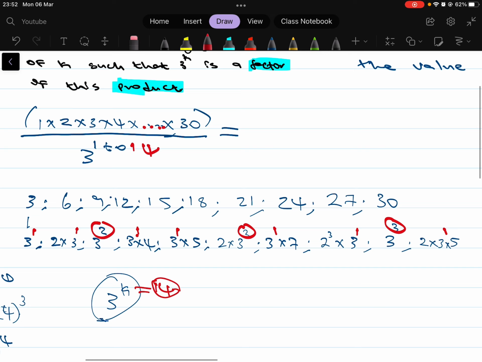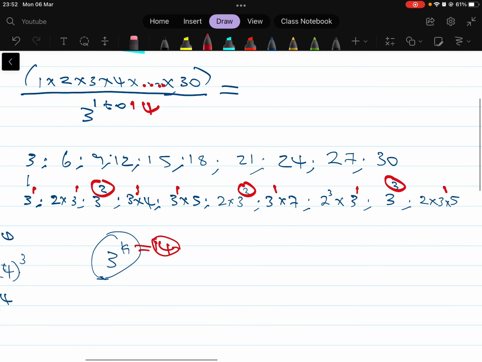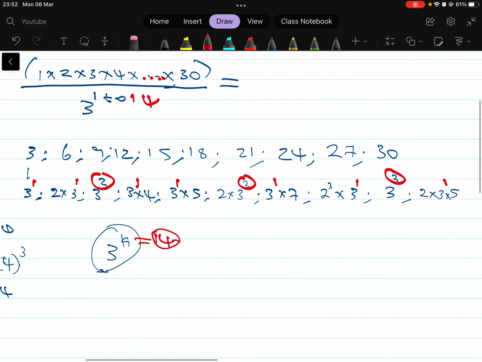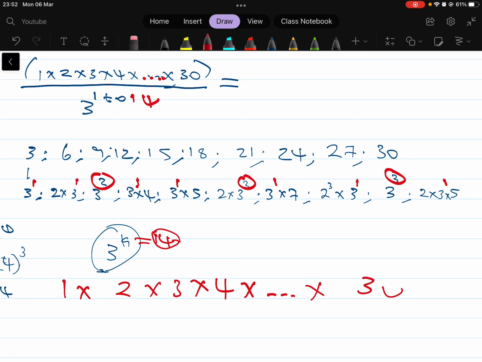I'm just going to try to maybe make it make sense as to why it's 14. So look, all those values in the product, 1, 2, 3, 4, all the way to 30, you can try to write them in terms of 3.